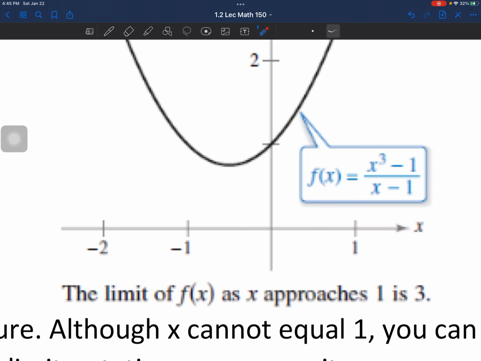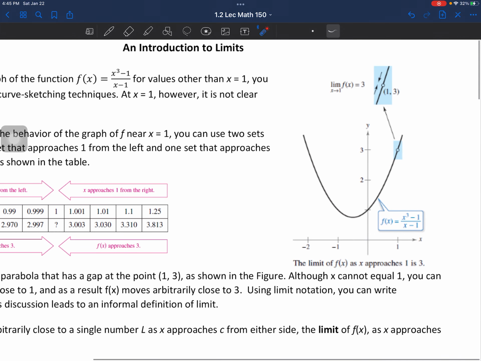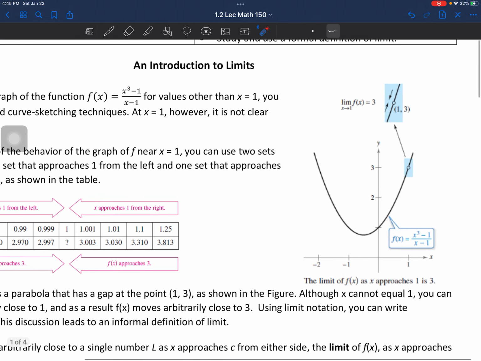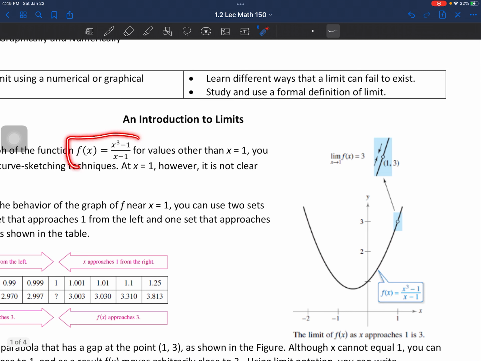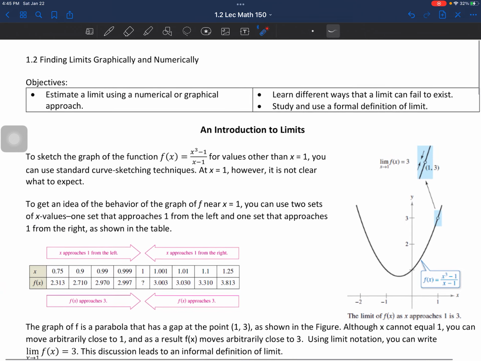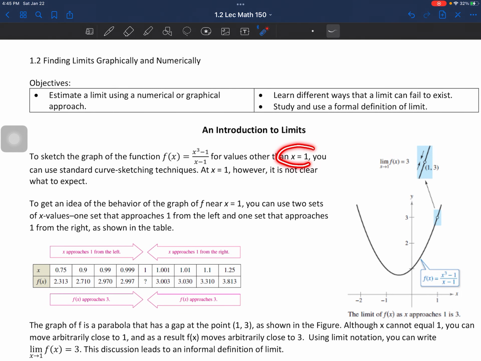It's just these numbers that vary and get closer and closer to 1. That's what it means for x to approach 1. And the value of the limit of a function will vary depending on which value we are approaching.